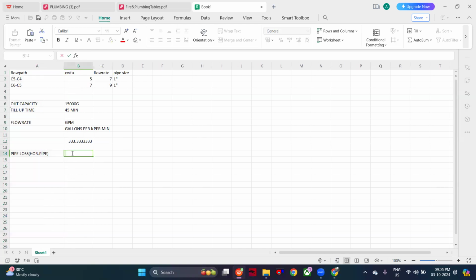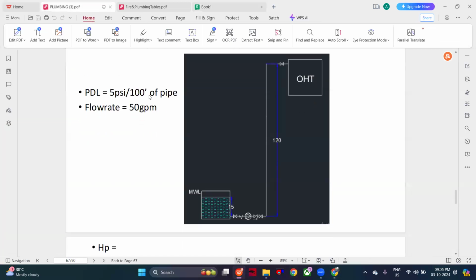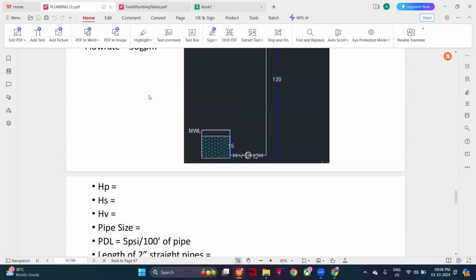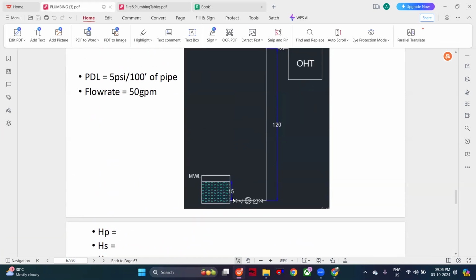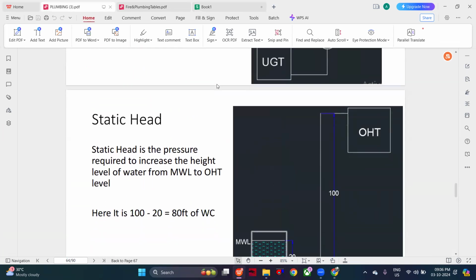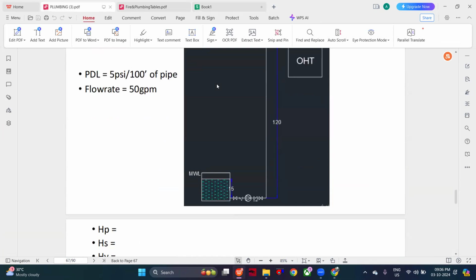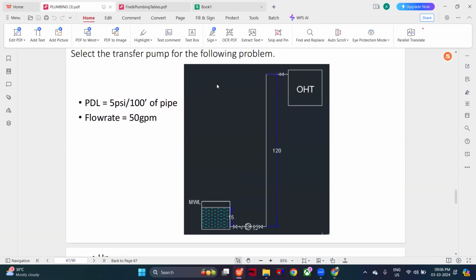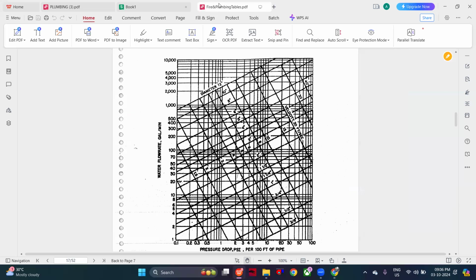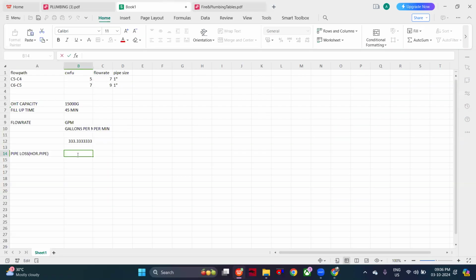That's why I have to take horizontal pipes. I need to know the length of those horizontal pipes. I assume 10 and 10. Here I have 10 feet and here I have 10 feet. The total is 20 feet.